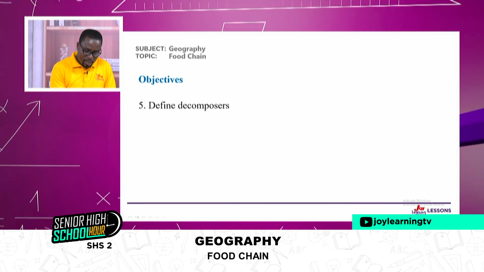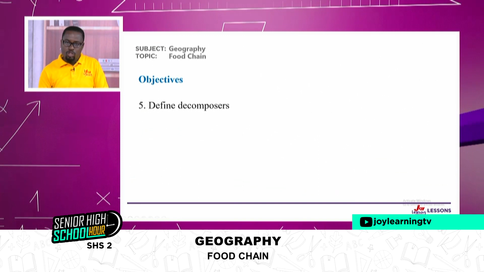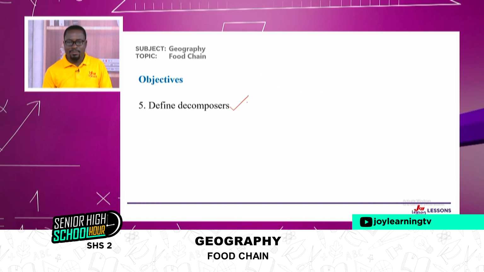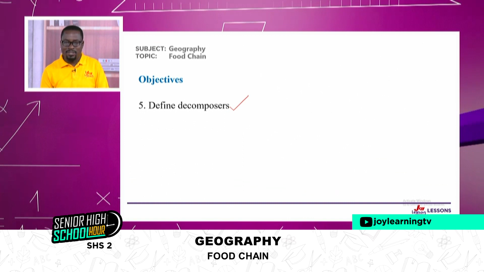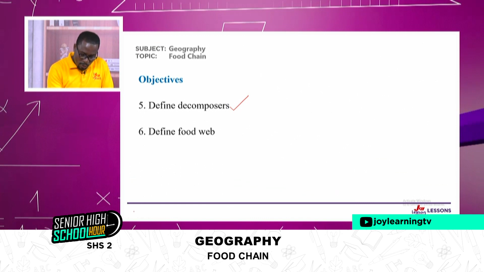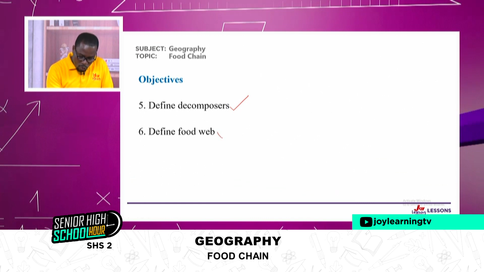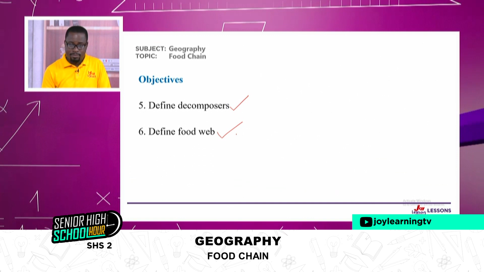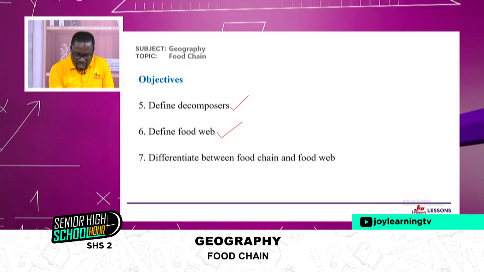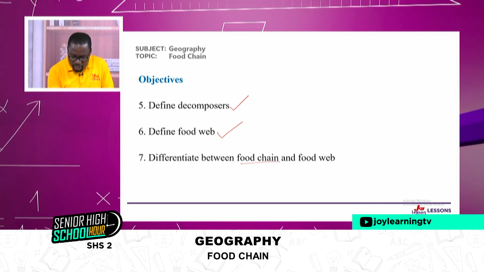Objective number 5, you should be able to define decomposers. Then, also define what a food web is. Then, differences between food chain and what?